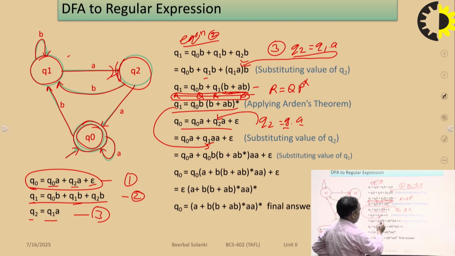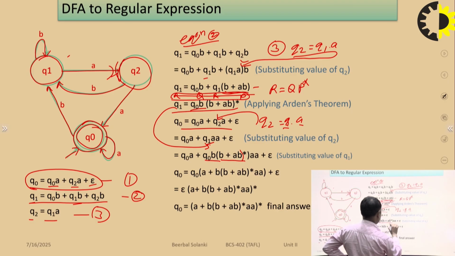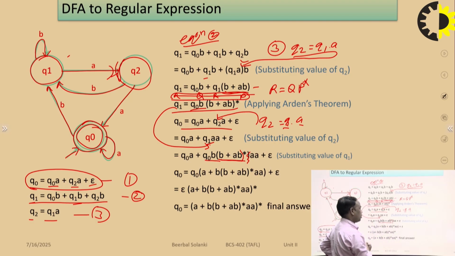Q naught equals Q naught B plus AB closure, concatenated with A plus epsilon, substituting the value of Q1.